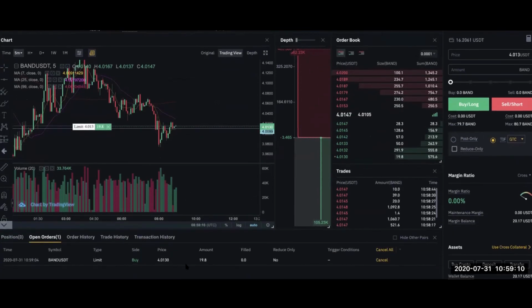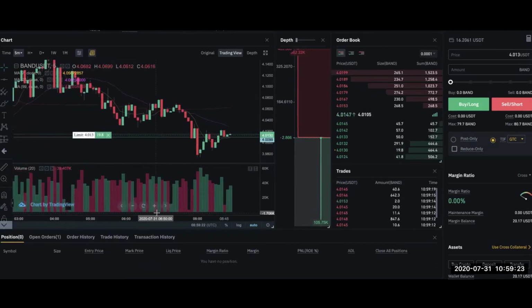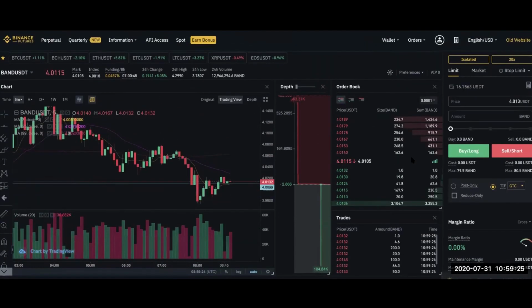Once again, you can see the limit order exists there. We took a slightly smaller position. Let's see if that triggers now. And there we go. We are in.